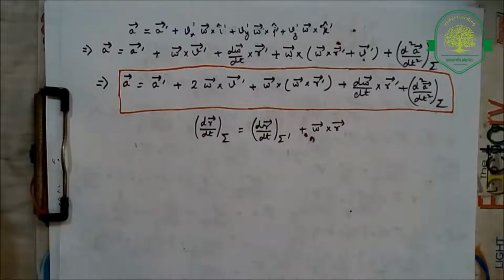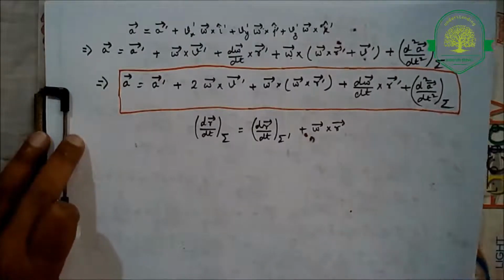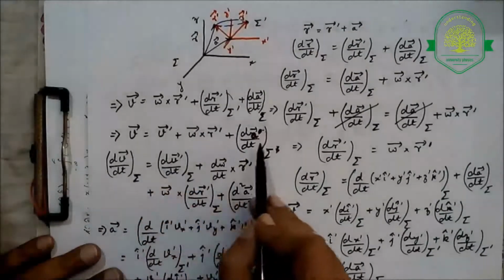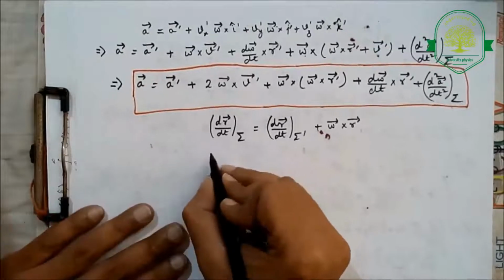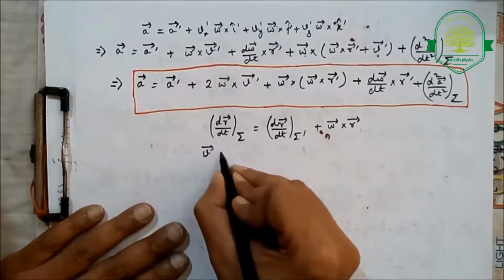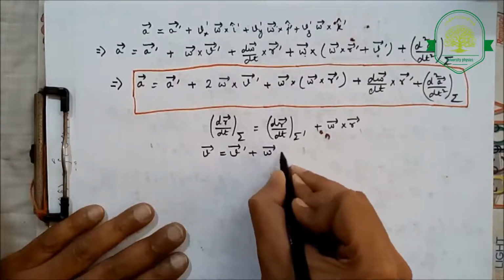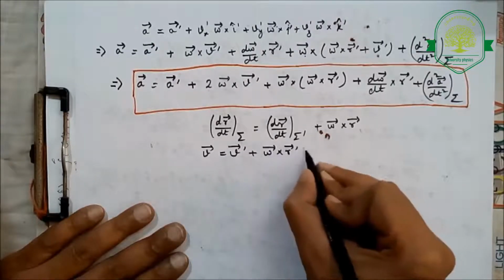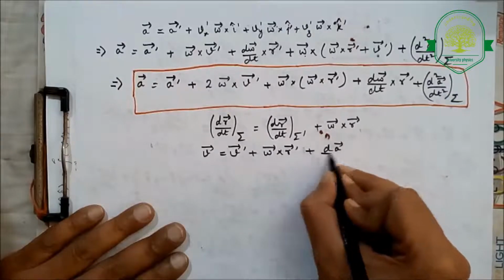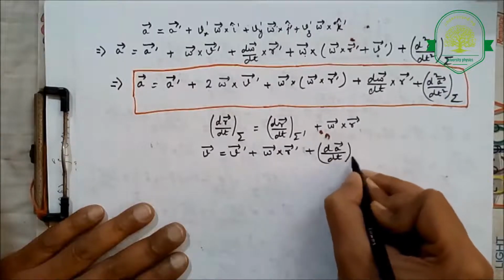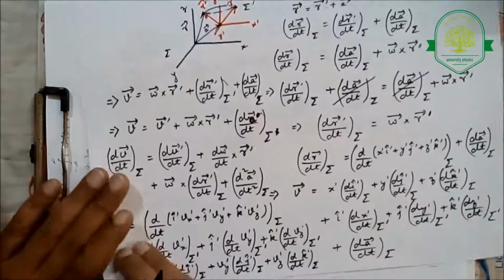Let us see if we can get a similar expression for this particular situation, for this particular derivation, and for that we need the expression for velocity which we had derived, the general expression for velocity, which is v vector equals v primed vector plus omega cross r primed plus dA vector over dt as seen from the sigma frame of reference.